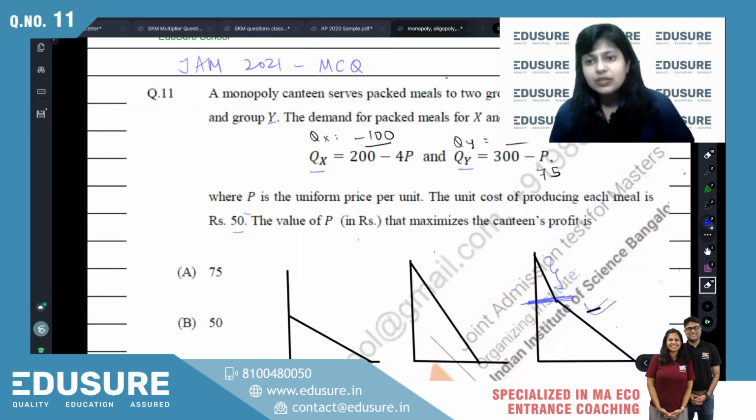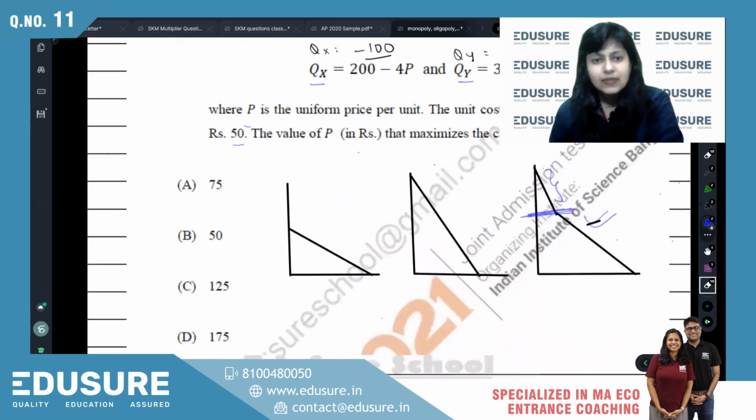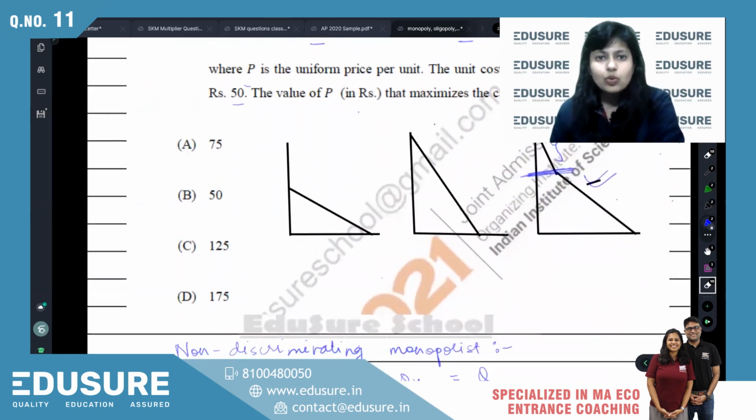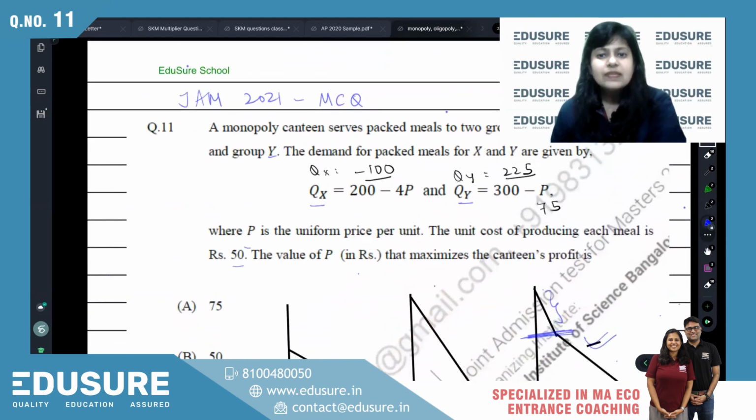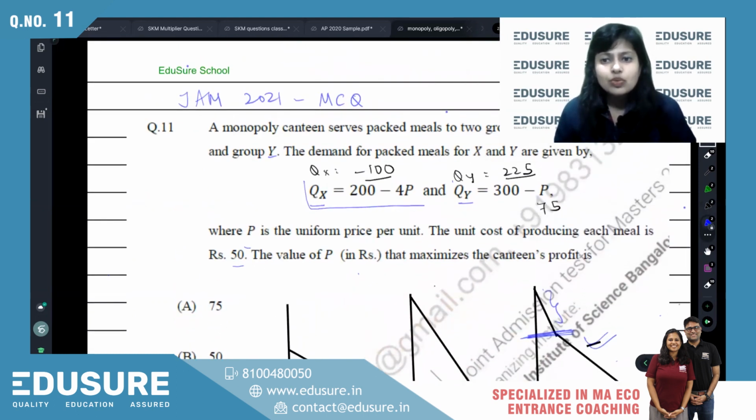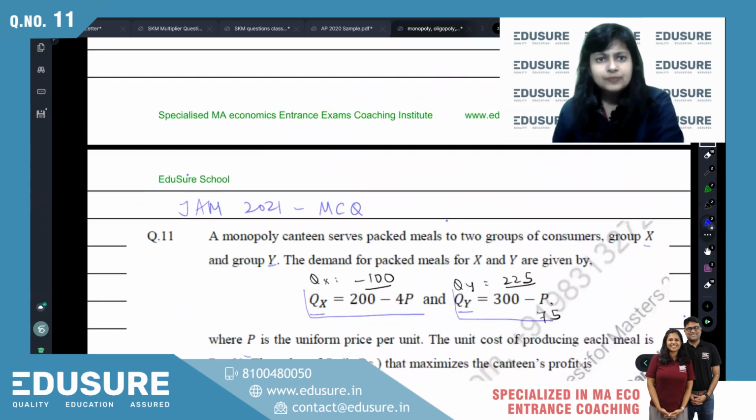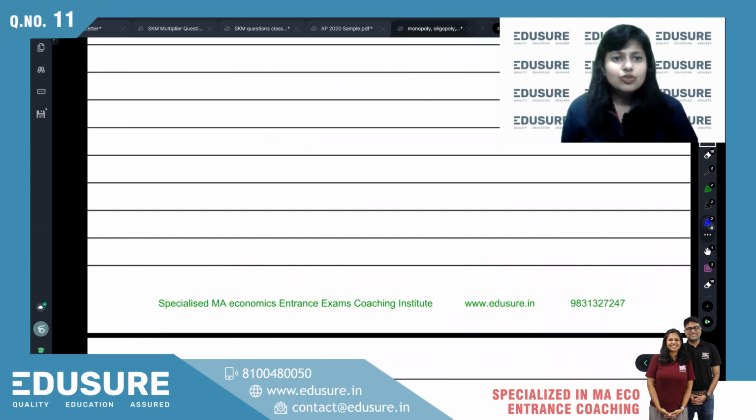So we will have to rework this entire question serving only one market. He will only serve this market. So QY is 300 minus P, that means P is 300 minus Q.